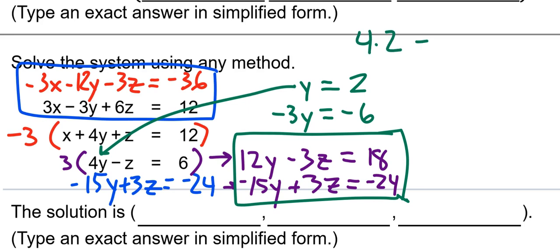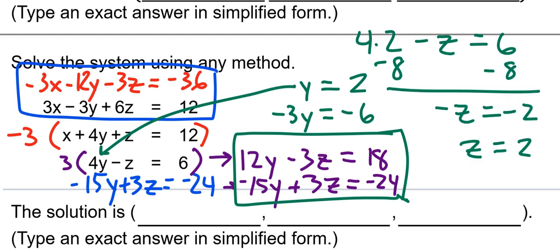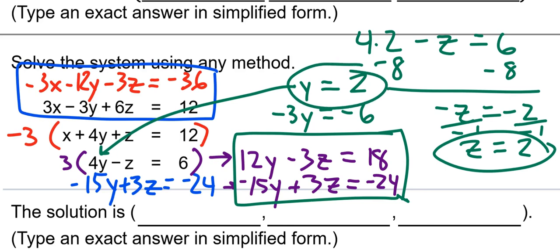Times 2 minus z equals 6. So find the value of z, and then use it to find the value of x. Drag the 8 to the other side, and then divide by -1. That's how we end up with 2. Already had a y of 2.